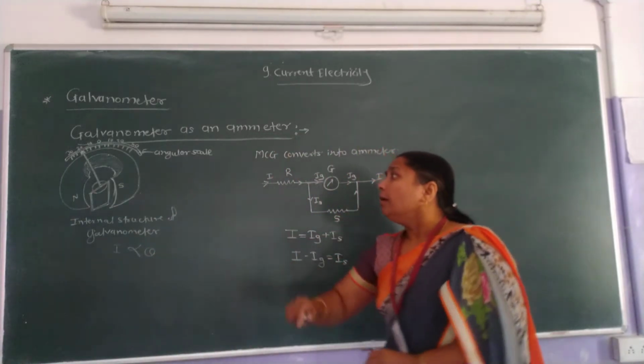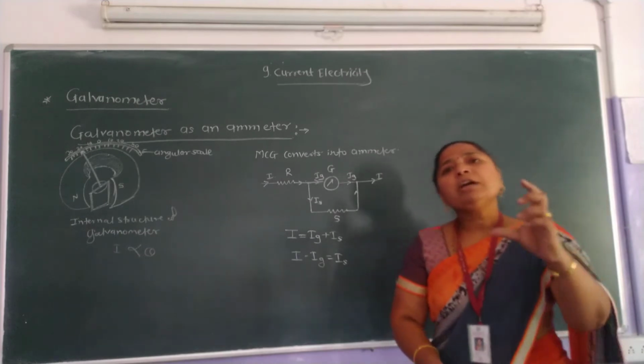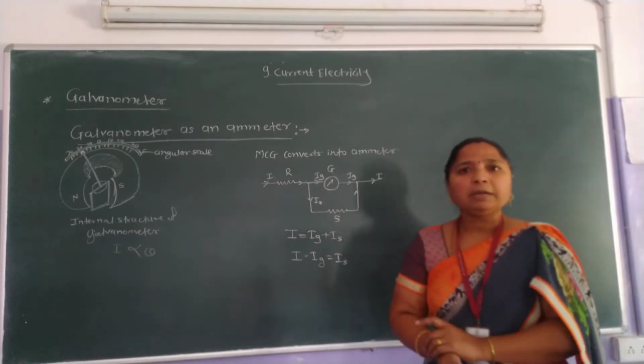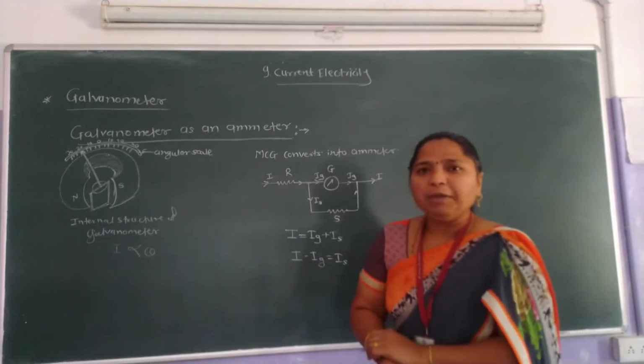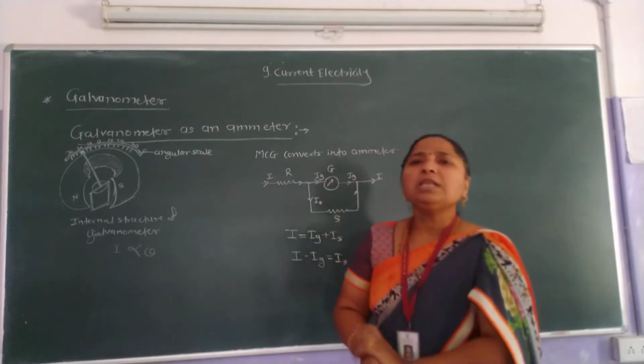In that manner, when a very small current flows through the circuit, it can be measured with the help of a galvanometer. Hence, a galvanometer can act as an ammeter. An ammeter is a device which can measure the large current flowing through the circuit.